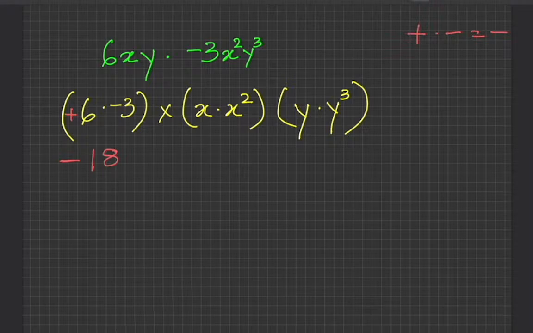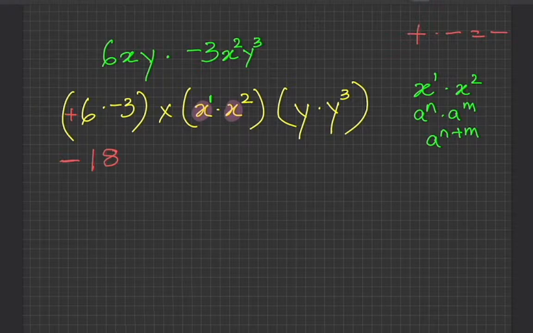Now let's come to this. I can see that the base is the same. This is x. Remember, x means x raised to the power 1. So x to the power 1 times x to the power 2 is nothing but a to the power n times a to the power m, which gives me a to the power m plus n.